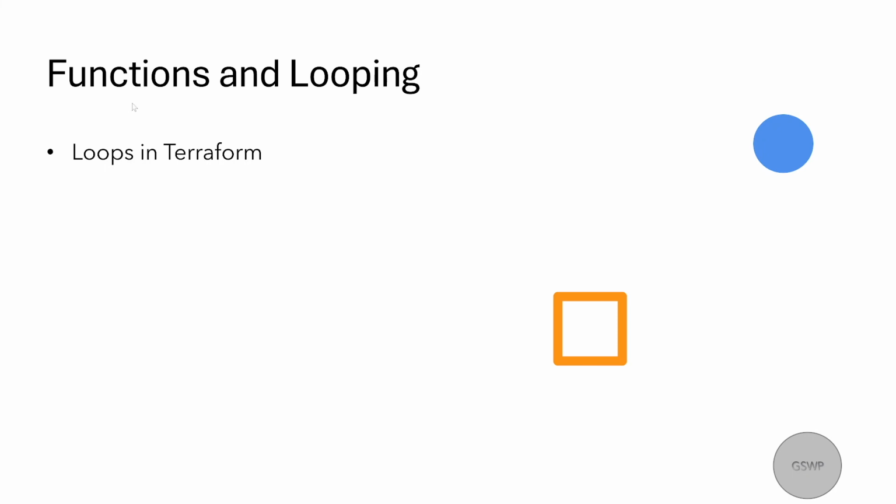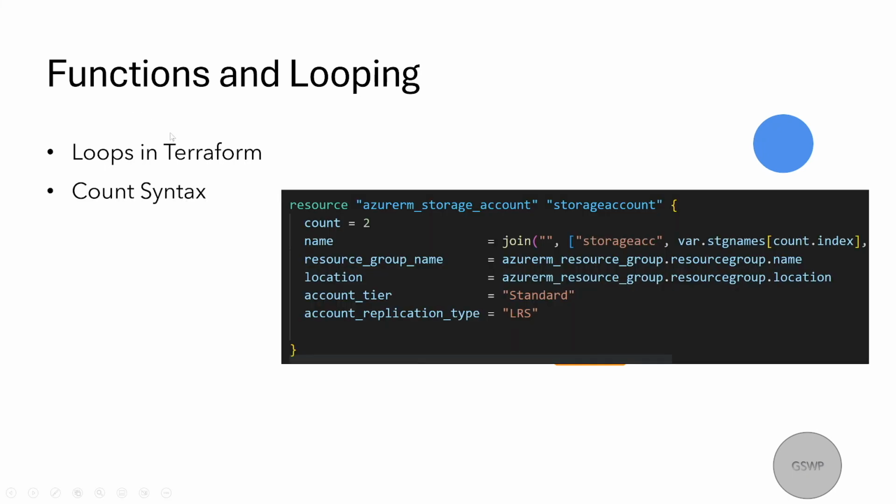If I go to the syntax of the count loop, you can see that I'm trying to create two storage accounts. I'm mentioning two here, and then I'm defining the name of those storage accounts on the basis of the count index.